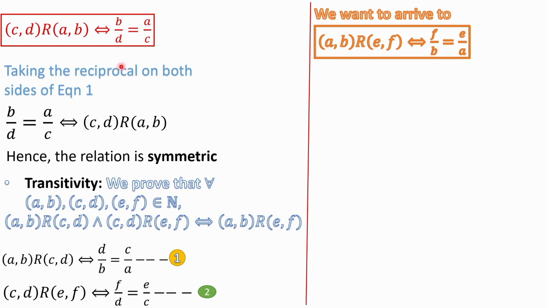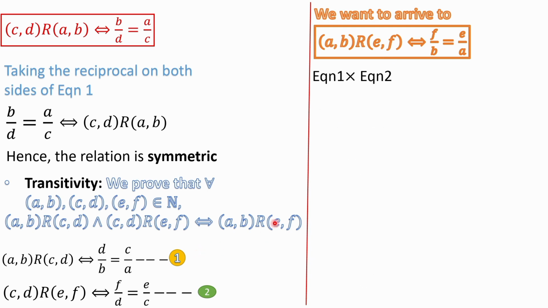We are seeing that in this relation I am not seeing d and I am not seeing c, so I need to eliminate d and c from my two equations here, and then simplify to get this. So that's how we do a proof. You identify what is not present and then you remove it from the other parts of the expression.